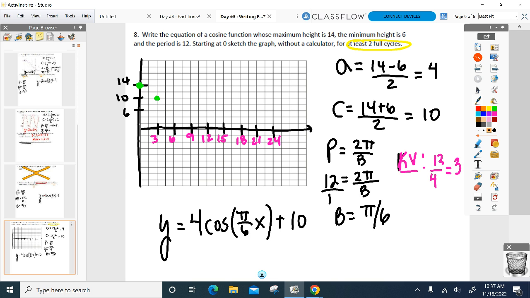It goes to 6. Max, midline, minimum, which we were told was 6. And then we go back to the midline and then finish at the max. And now we do it all over again and repeat. Midline, minimum, midline, max.